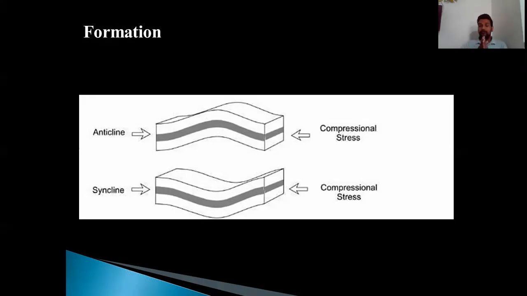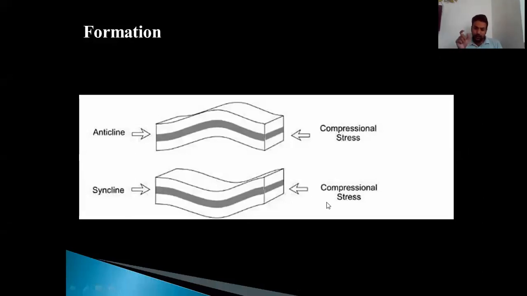As usual, the strata, when compressed, will try to adjust itself. If the volume of the strata is going to decrease because of compression, then of course it will bulge out in some other direction. In that case, it will develop a bend or a curve because it occupies extra area for its adjustment. So this adjustment results in the formation of the fold.